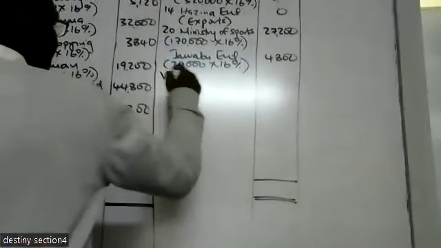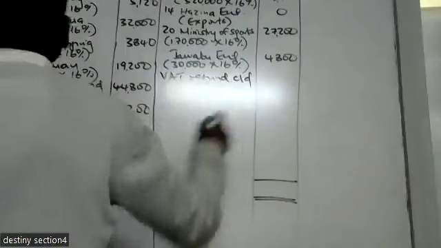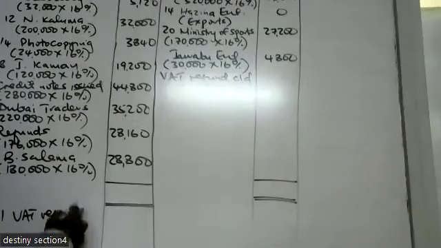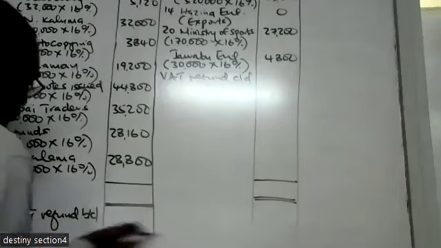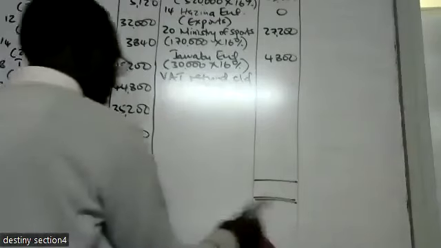So ukipata refund, utaandika hapa VAT refund, carry down. Hiyo ni December, utasema hapa January the 1st. Utasema VAT refund, brought down. So just add and get the balance.